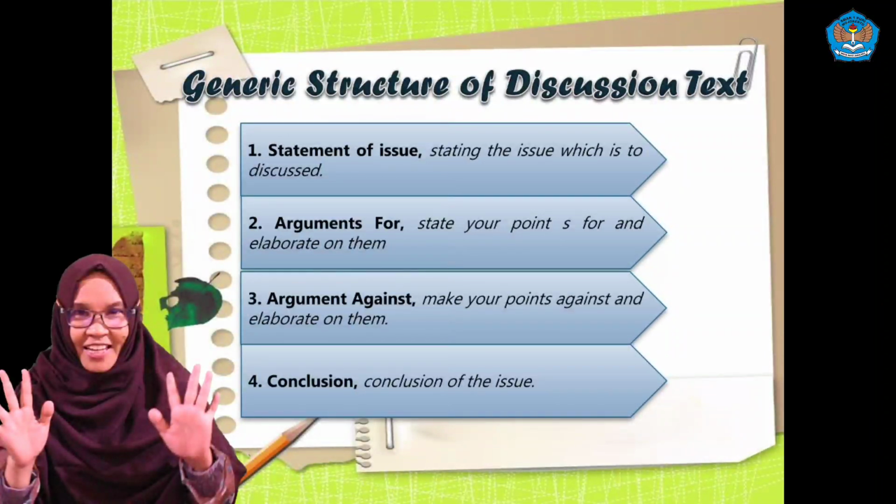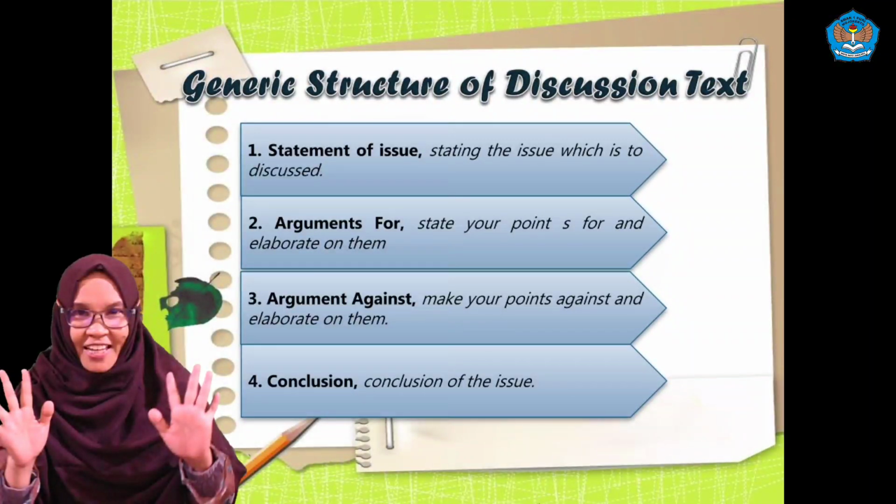And then third, we have argument against. If you have pros or for, of course you will have argument against or cons. Here you make your points against and then elaborate on them. Why should you be against? And in the second paragraph, why should you say you are for or pros?